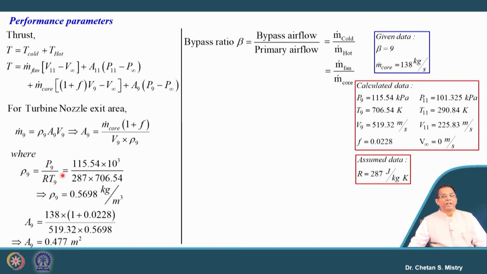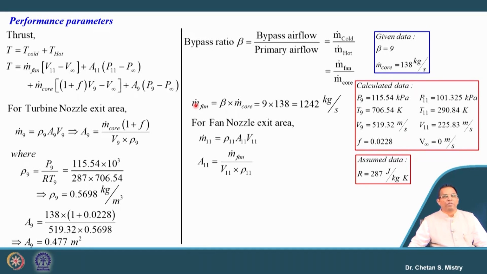In the same way, if we are interested in calculating the exit area of the fan nozzle, for that we are not aware of the fan mass flow rate. So, based on the bypass ratio we can do this calculation, and this is coming to be 1242 kg per second. Now, let us put that in the equation for area calculation, A11, that is given by m dot f divided by V11 into the density at the 11th station.